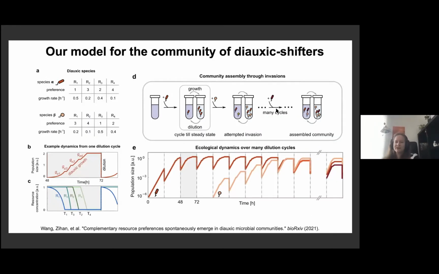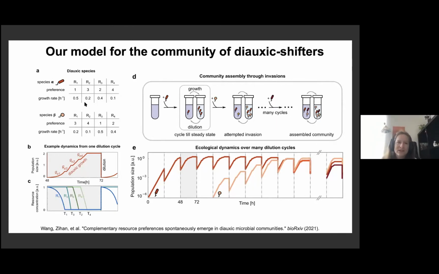And we also contributed to those diauxic models, because for quite some time we were wondering what will happen if you have multiple microbes which all can shift diauxically between their resources. For some reason, there were no models like that in the literature. Everyone was just studying this growth curve for one species. So we developed our own model for this scenario.